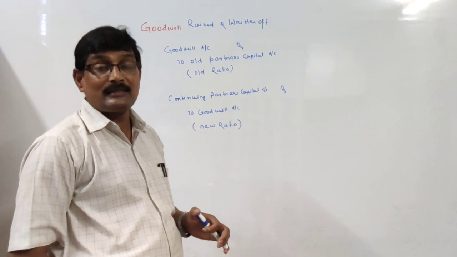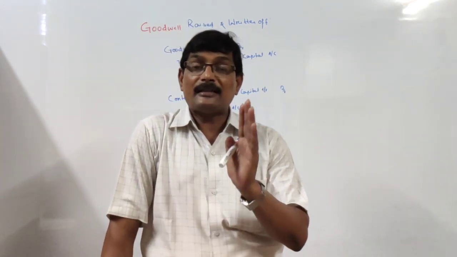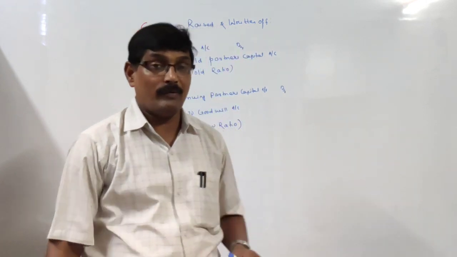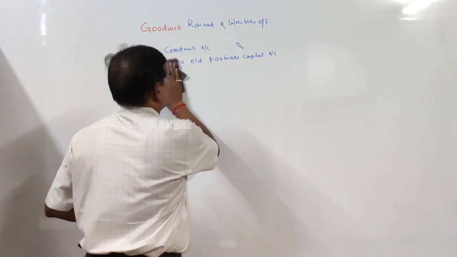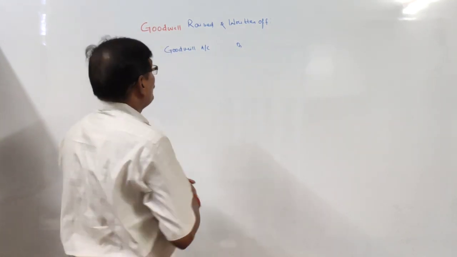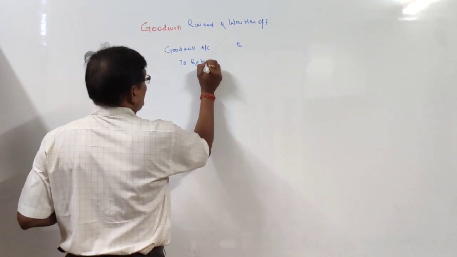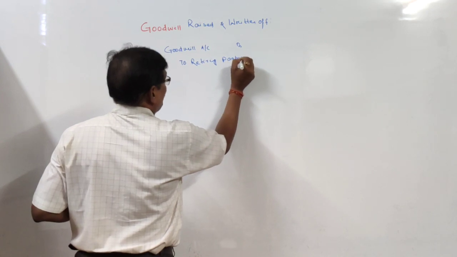Another case is here. Suppose it is exclusively given that we have to raise the retiring partner's share only. In that case, what will we do? First entry will be goodwill account debited to retiring partner's capital account only.